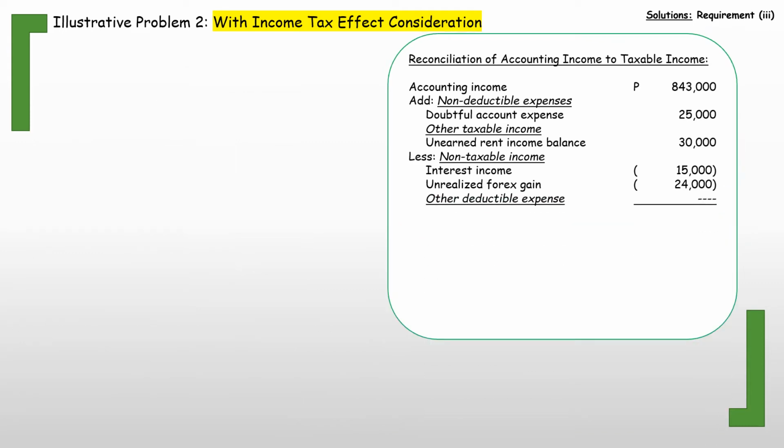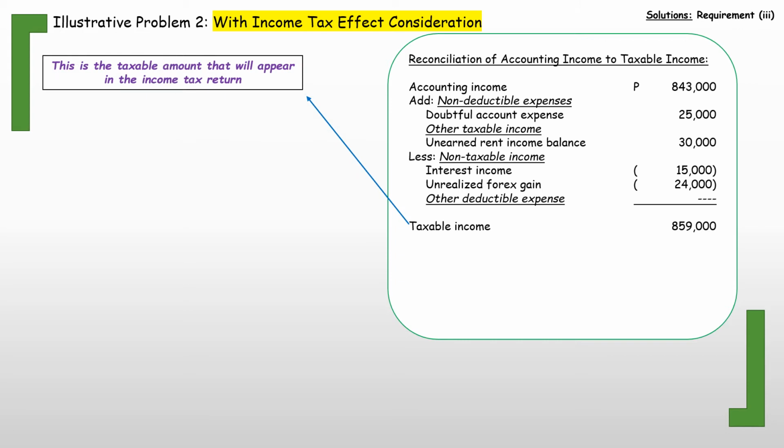Next is other deductible expense. So, wala tayong other deductible expense. Based on this information, we can now compute the taxable income and the income tax expense. Okay? So, yung accounting income na 843,000 plus 25,000 plus 30,000 less 15,000 less 24,000, then our taxable income is 859,000.